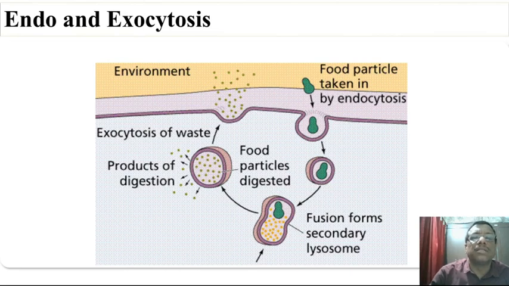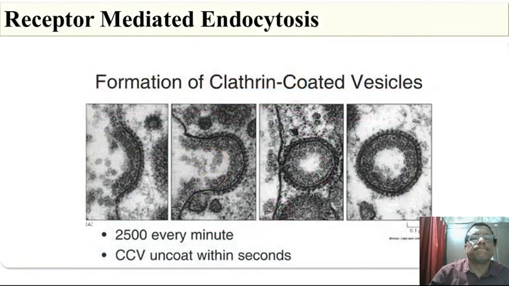This is called ingestion or endocytosis, and this is called exocytosis. Here is receptor-mediated endocytosis. Here the receptors are required, and it forms clathrin-coated vesicles so that the molecules are taken across the cell.